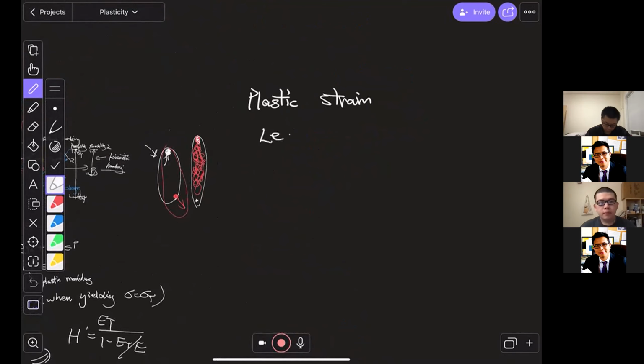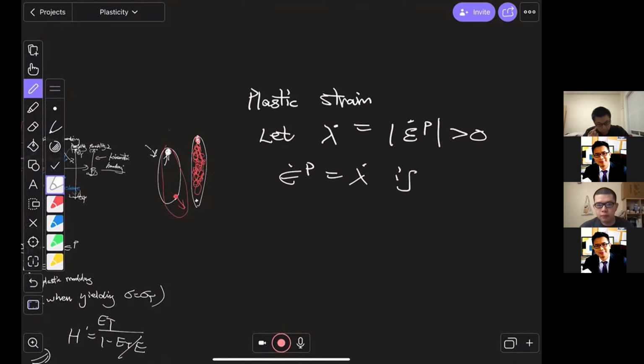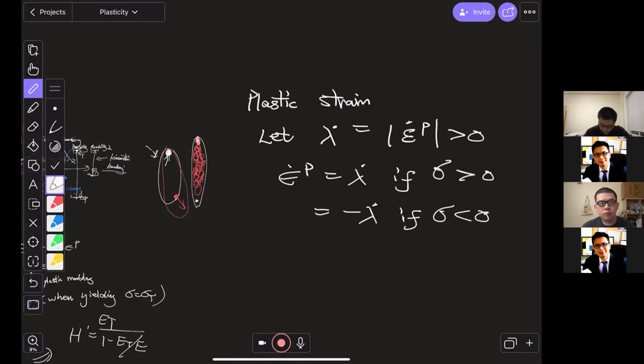I will define something called the accumulated plastic strain, lambda dot, which equals the absolute value of the plastic strain rate, and that is always greater than 0. Now epsilon p dot equals lambda dot if the material is in tensile loading, and it equals minus lambda dot if the stress is in compression.